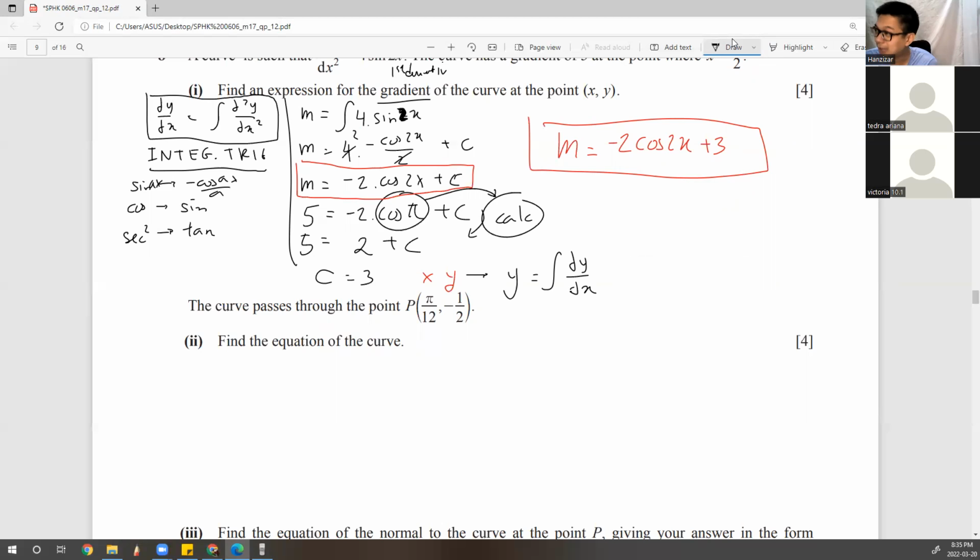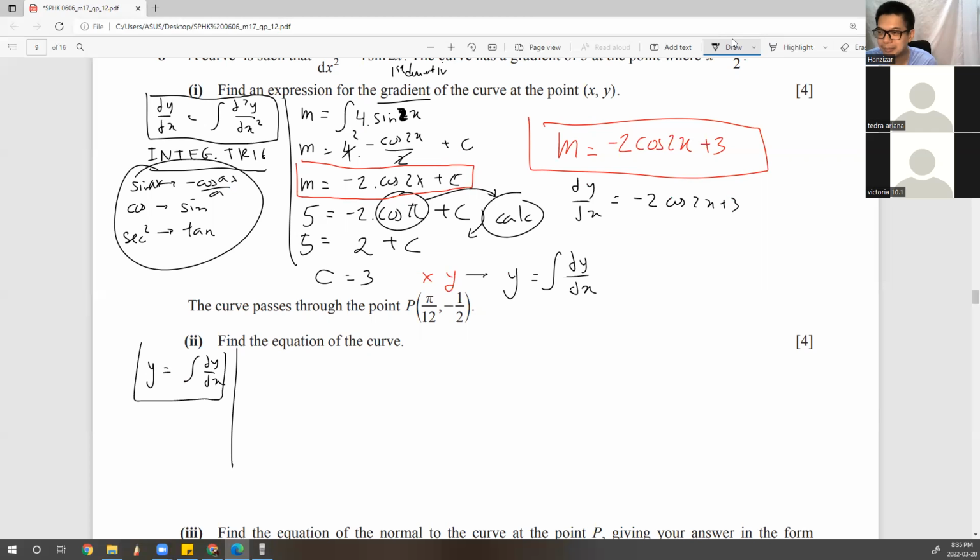So we have the m. So actually this is dy dx, right? Negative 2 cos 2x plus 3. So you integrate this. So y equals the integration of dy dx. Okay, without using this other rule, I don't write it down, but this will be the basic concept. And y equals integration, just use the general.